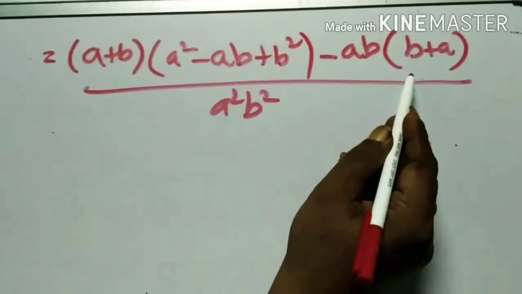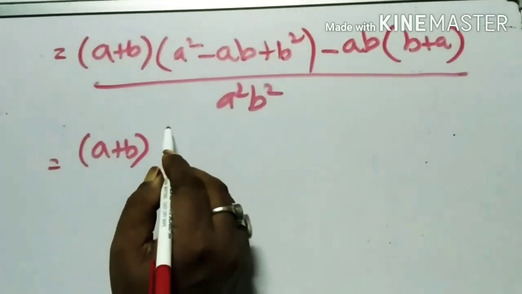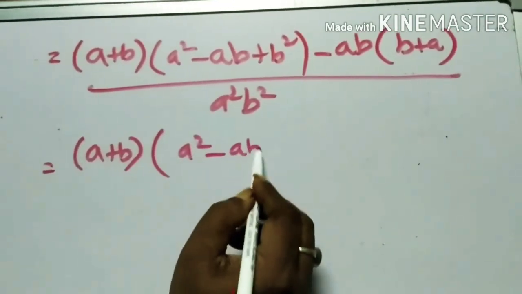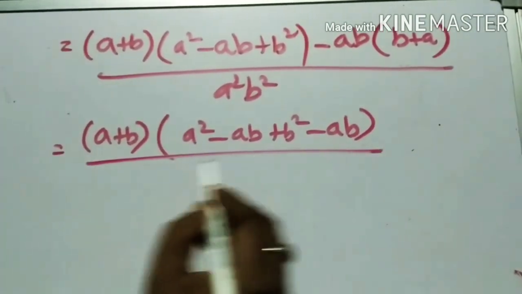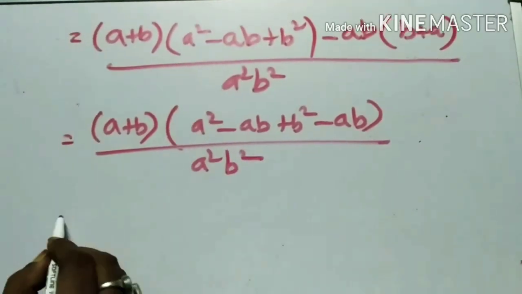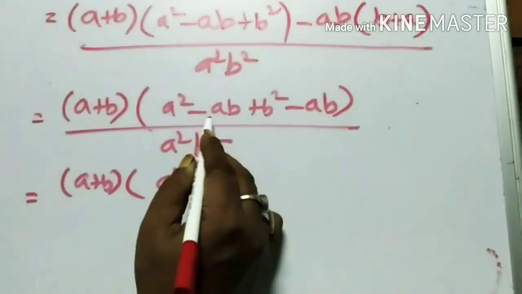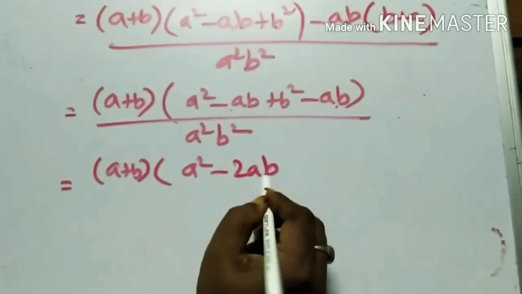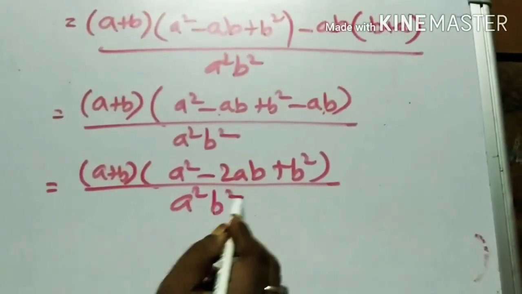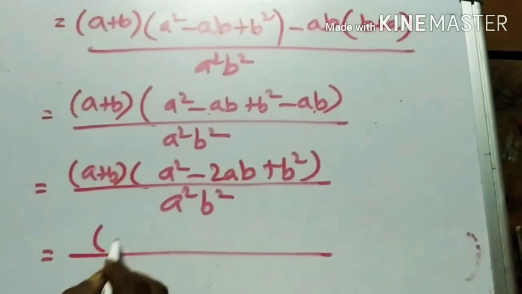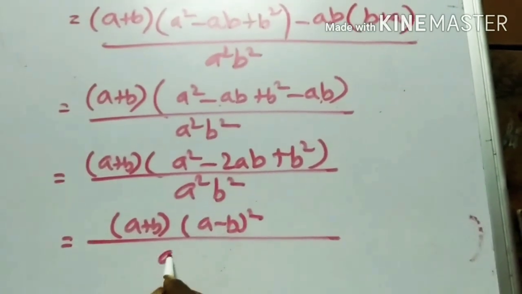These two are the terms, so here a plus b is common. a square minus ab plus b square minus ab, by a square b square. So this is a plus b, a square, this will become minus 2ab plus b square, by a square b square. So this will be a plus b, a minus b the whole square, by a square b square.